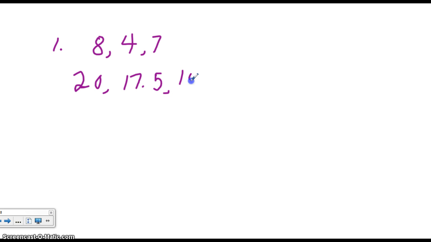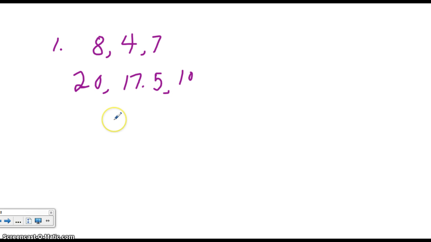Now they want us to take a look at number 1, and it says, is triangle 1 with side lengths of 8, 4, and 7 similar to triangle 2 with side lengths of 20, 17.5, and 10?